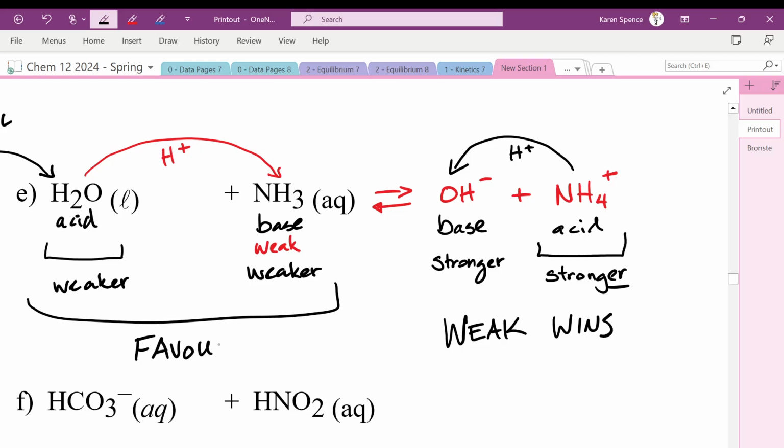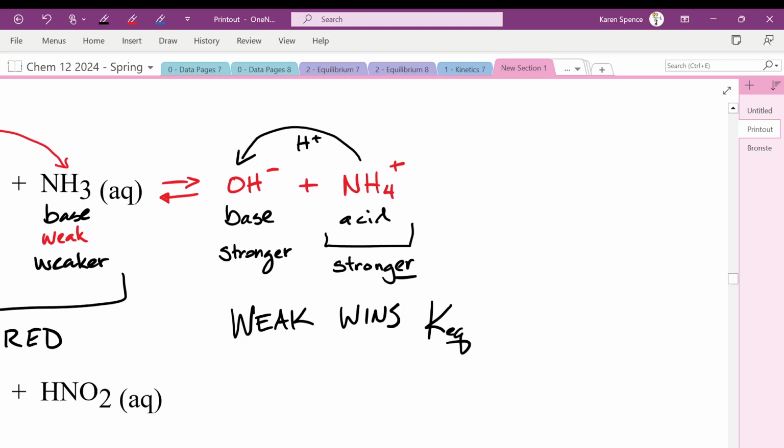What does that mean? Does that mean we have more reactants or less reactants? We have more reactants when it's sitting at equilibrium. It doesn't mean it shifts that way. It means when it's sitting at equilibrium, there is more reactant than there is product. And therefore, your KEQ is it going to be greater or less than 1?